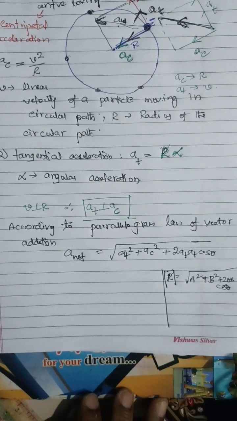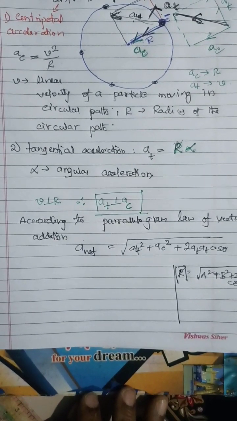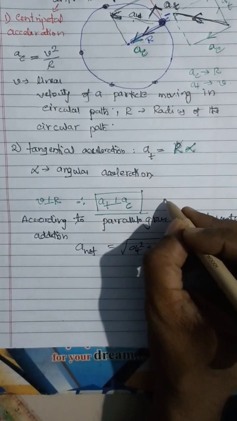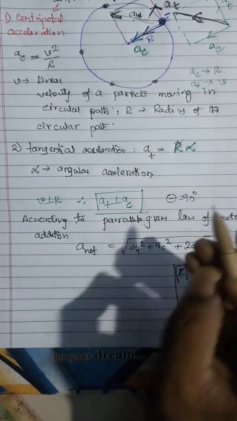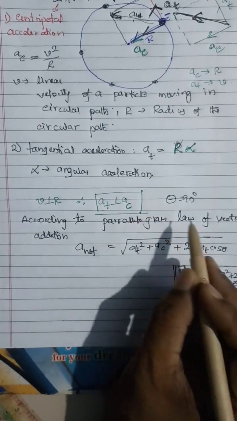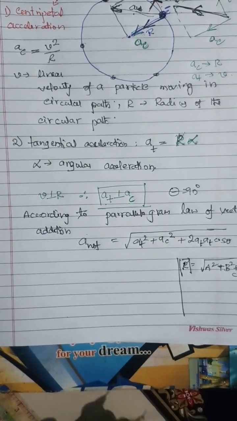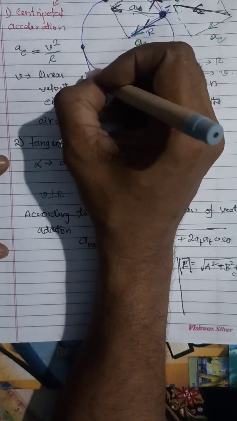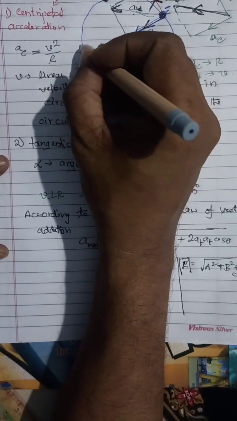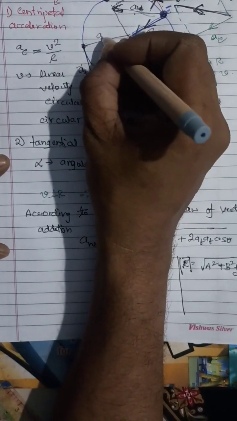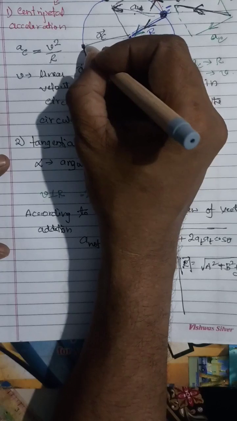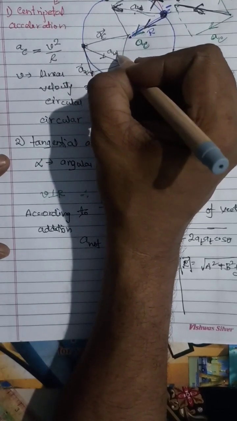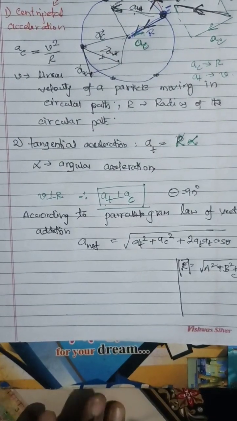In a similar way, here theta is 90 degrees, since tangential acceleration is perpendicular to centripetal acceleration. Construct the parallelogram with vector at and vector ac, and the diagonal gives the value of a net. So this is the point you should remember.